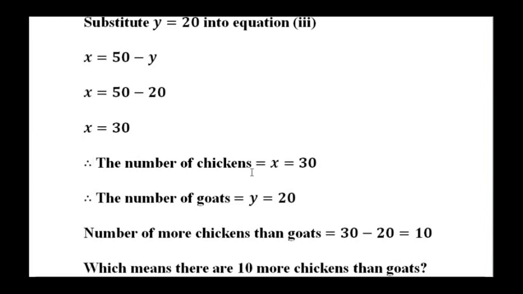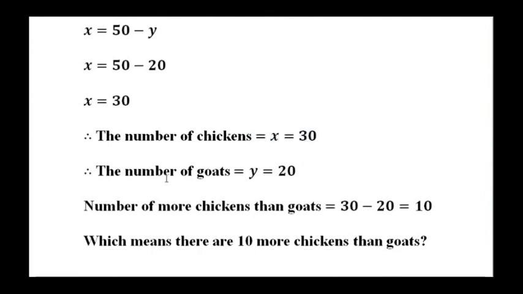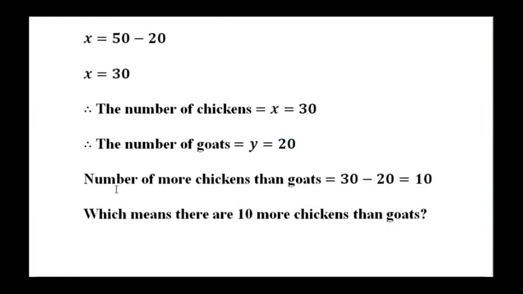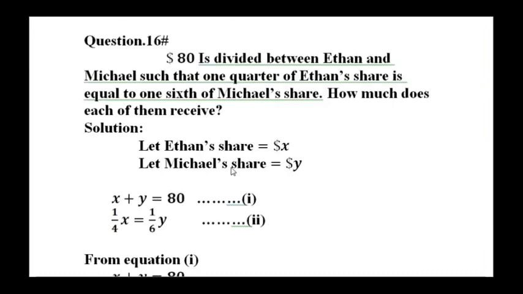Therefore, the number of chickens, which we assumed x, is 30, and the number of goats, which we assumed as y, is 20. The question is to find the number of more chickens than goats. This can be calculated by subtracting 20 from 30, and the difference is 10, which means there are 10 more chickens than goats.